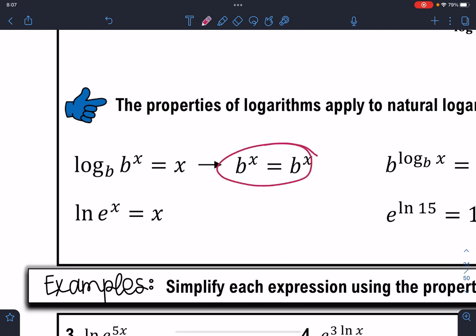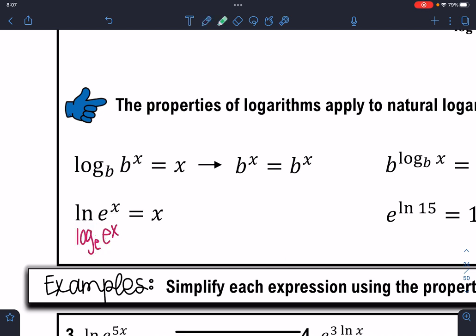And this is where we get that idea that if I have the base with an exponent and I set that equal to something with the same base, your exponents have to be equal to each other. So here, this is basically log base e with the argument of e to the x, right? What do we know about that? They have the same base as the argument, so they're going to cancel.